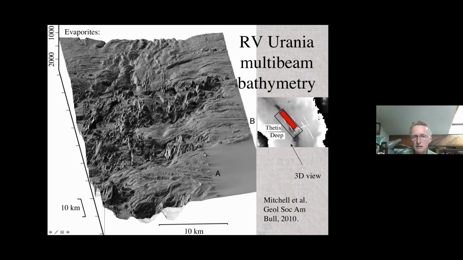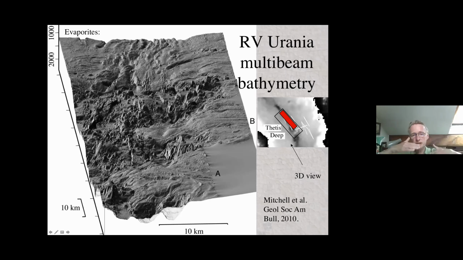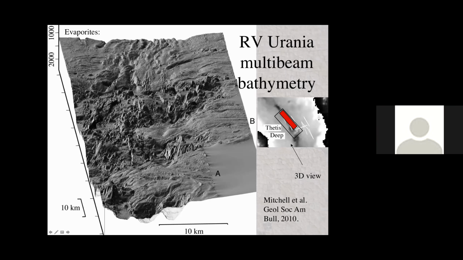So it looks like it's cascading down these steps. Here's another step possibly in the flows, and you can see a fault escarpment here. Yes. So the faults obviously have relief of the stuff that's on top of them, but where they're lower, that's where the evaporites are flowing across them. Yeah, it's a really cool image.